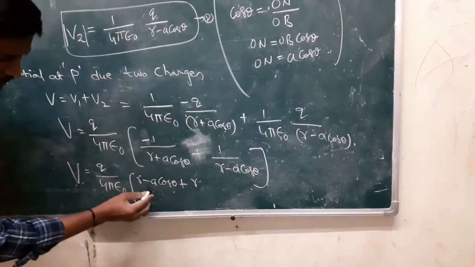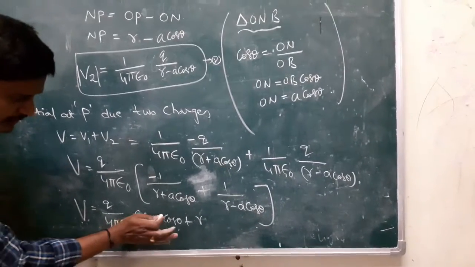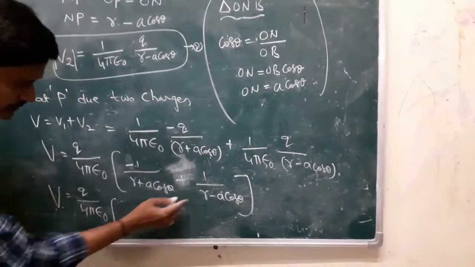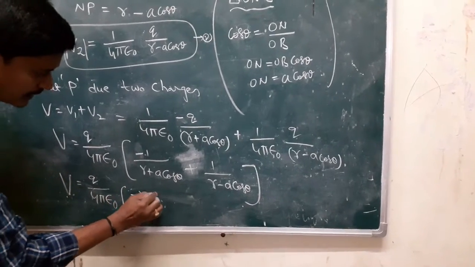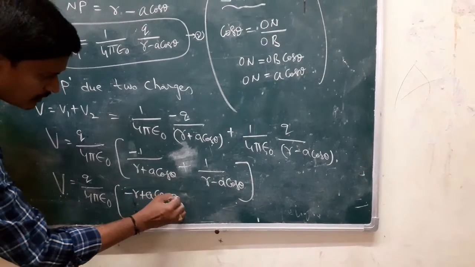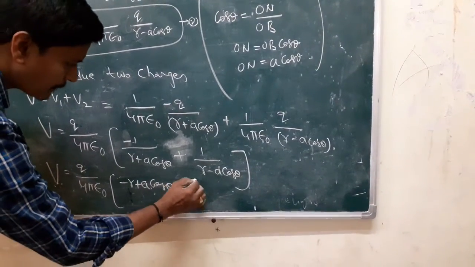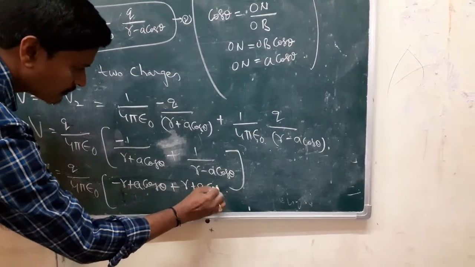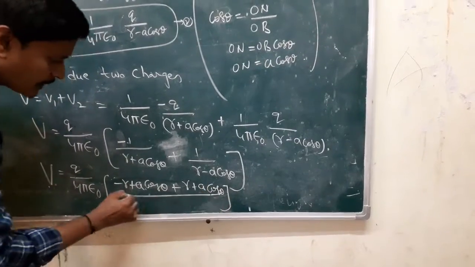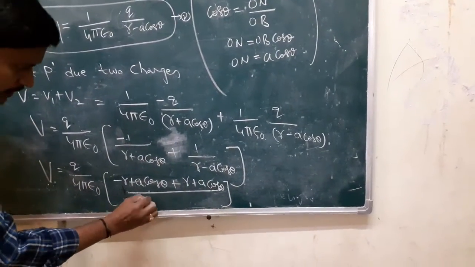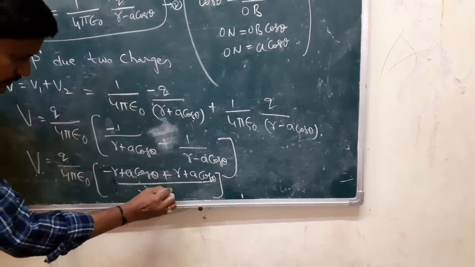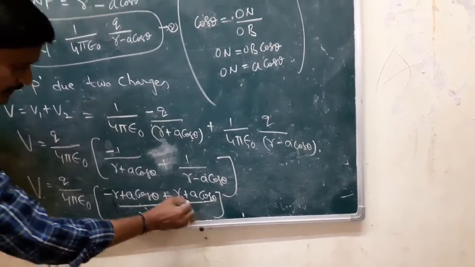Then minus q into r plus a cos of theta plus r minus a cos of theta, divided by r square minus a square cos square of theta.